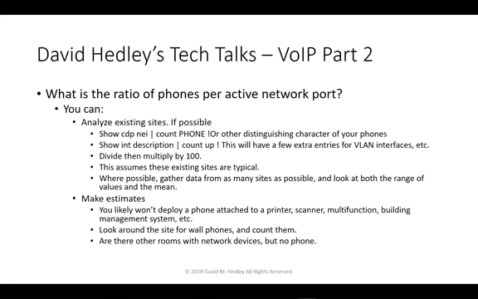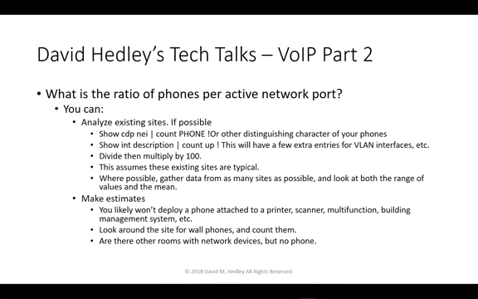But as you take a walk around, you're also looking for things like wall phones. You're not going to deploy a phone probably attached to network scanners, printers, multifunctions, building management systems. There's a lot of different devices. So it's unlikely to be a 1-for-1.